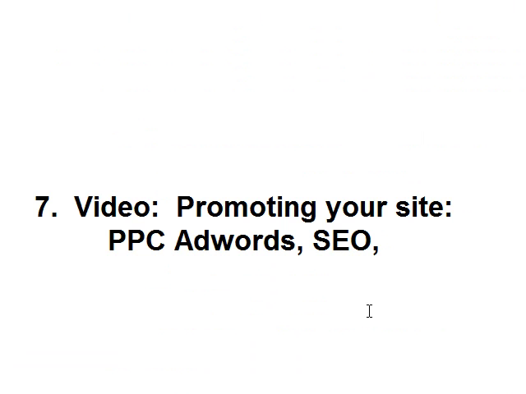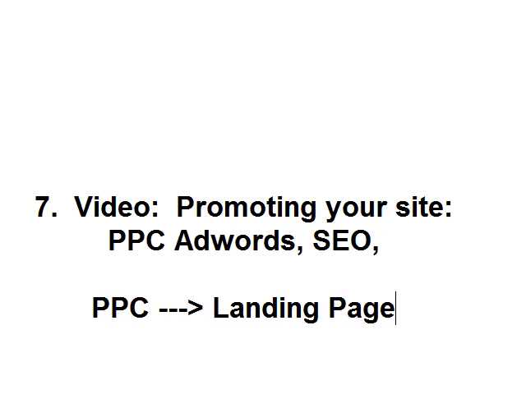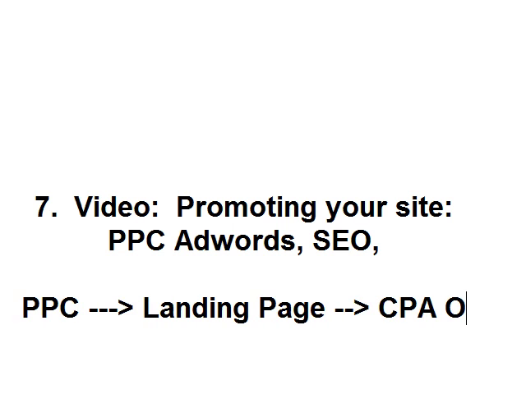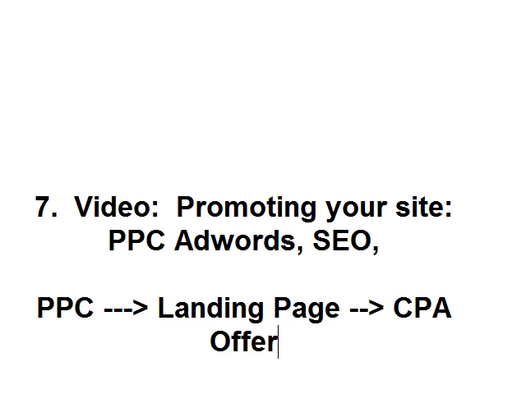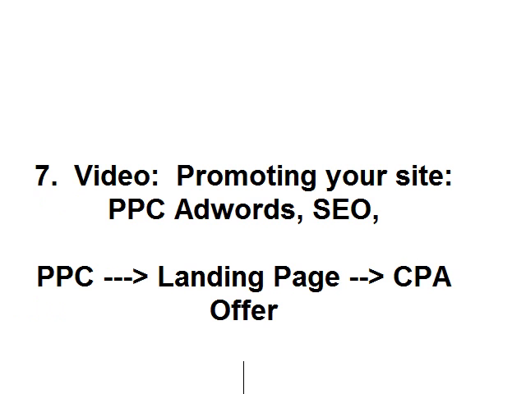Okay, so let's talk about PPC. Like I mentioned in video 6, PPC, somebody clicks on your ad, they go to your landing page. From your landing page, they go to the CPA offer. You don't want to direct people from the PPC ad directly to the CPA offer, because Google is kind of picking up on that about affiliate offers and things like that.